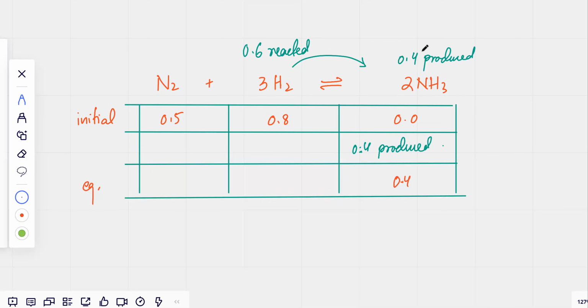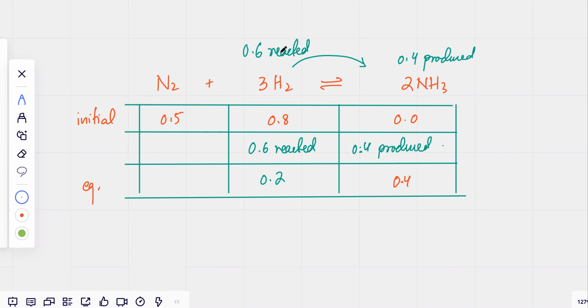So if an extra 0.4 got produced, 0.6 must have reacted. Out of the 0.8 that you added, 0.6 reacted, and you're left with just 0.2 at equilibrium. Is this clear? Yes.